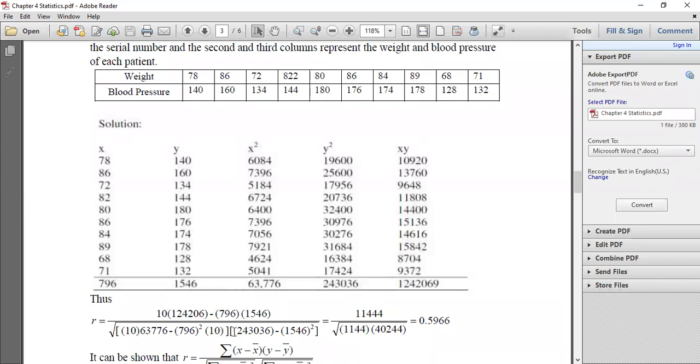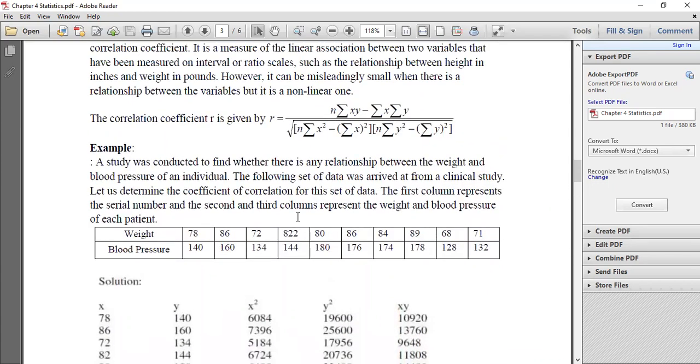It is supposed to be inside this square bracket, multiplying this 24, 30, 36, just like we have it here. Here you can see n, then summation of y squared.